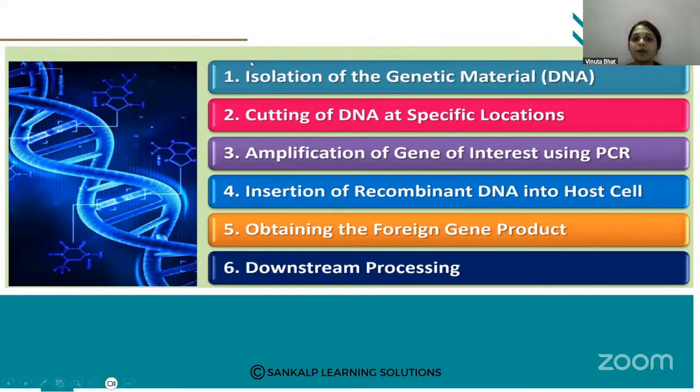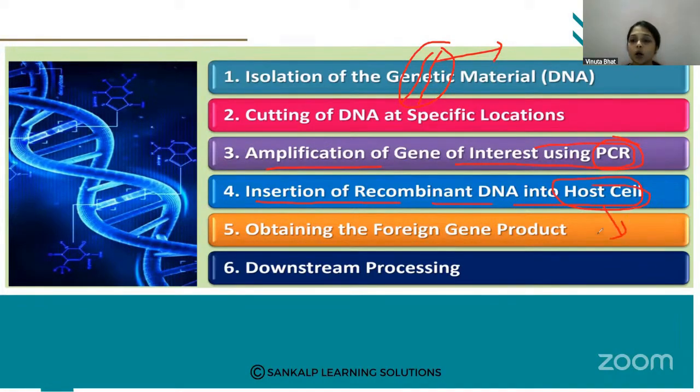Then amplification of the gene of interest using PCR. So we have only one piece of the desired gene. Amplification means increasing the number of copies of the desired gene by using the PCR technique. Then insertion of recombinant DNA into the host cell.